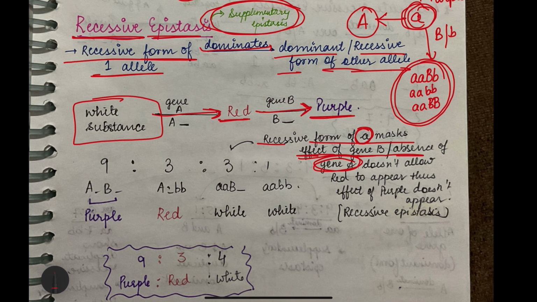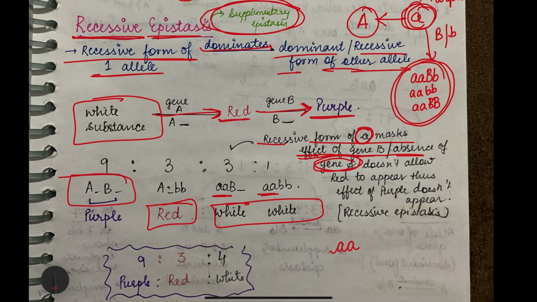So first we'll consider that small a is giving out white flowers. Everywhere we get small a, we will get white flowers only, right? And if capital A acts over the white precursor, then it forms the red flower as the intermediate. And if both the genes are in dominant form, it forms the purple color.